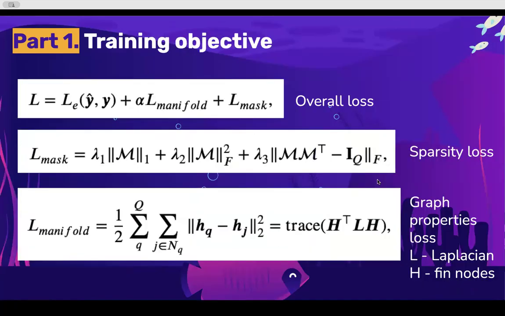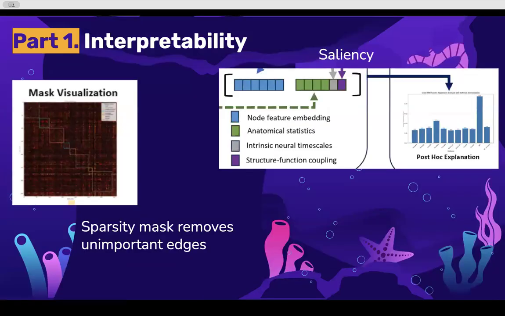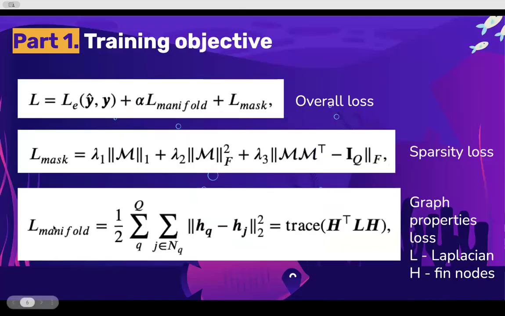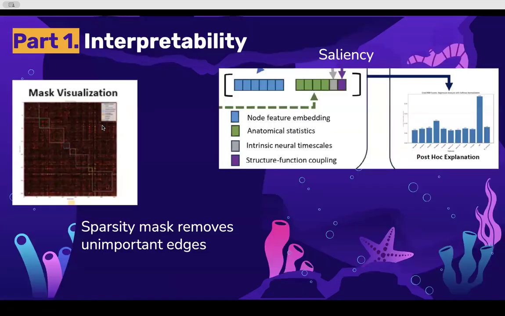Okay, well, anyways. We talked about training, we talked about the model, how it works. But sorry, one more thing. They're learning these sparsity matrices, and they're using them in their model to mask less important edges. So in the end, once they have trained their model, they can extract it, and it's essentially a matrix of weights.